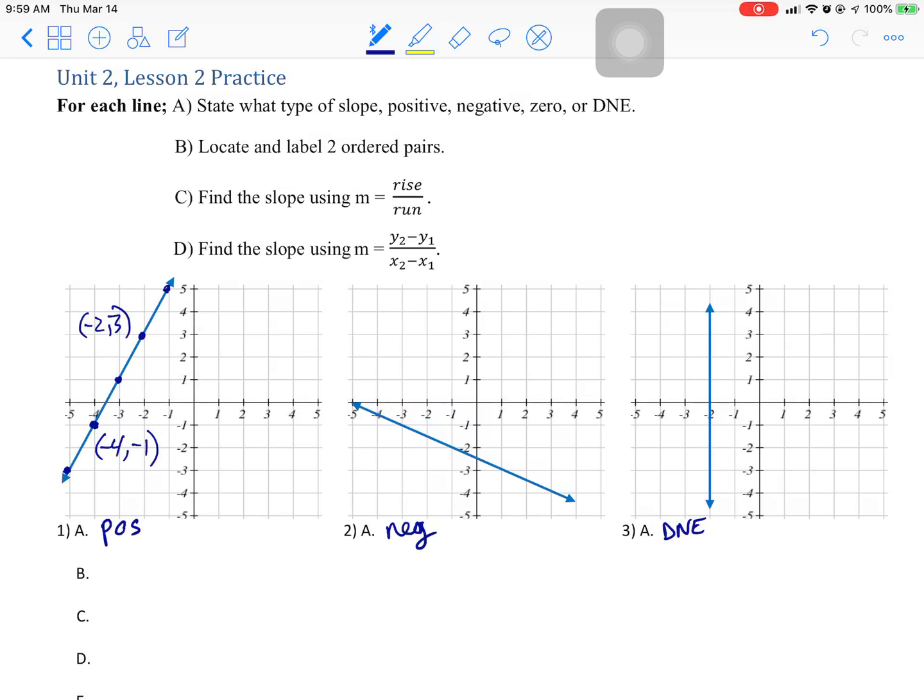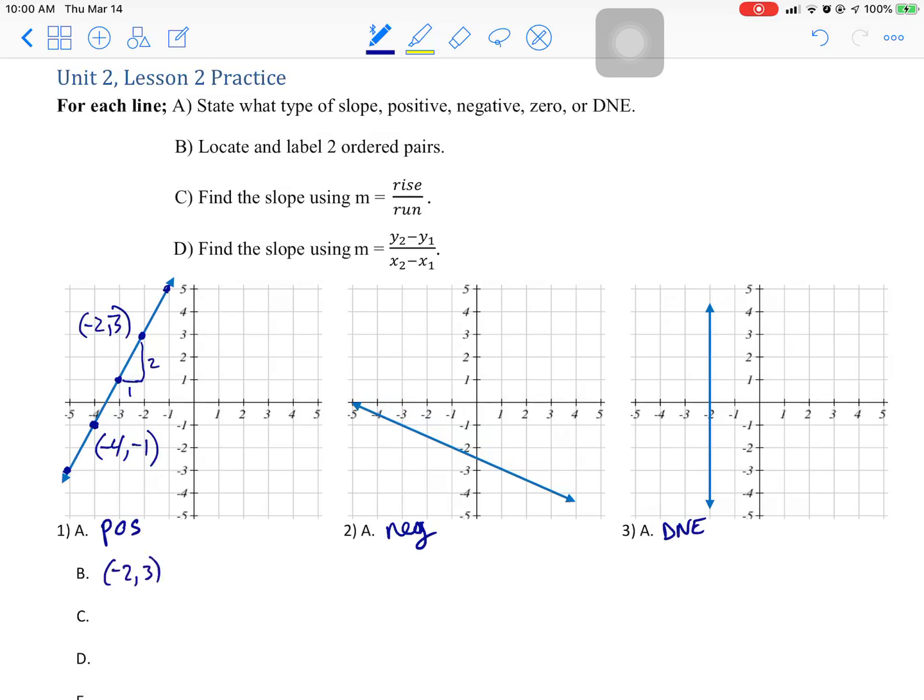All right, so what does it take to go from one point to another point? I can go from the two that I noticed, or I can go from really any point to any next point. This goes over 1, this goes up 2. So the rise, let's see, where can I write? Here, let me write these down.